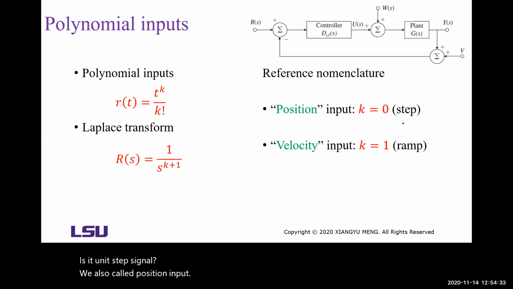When k is 1, it is a polynomial input with degree 1. It is a ramp signal. We also call it velocity input. When k is 1, r(t) is t.